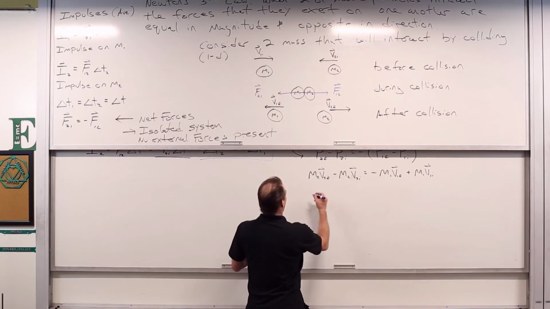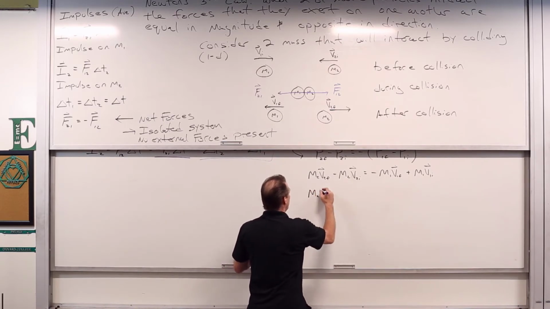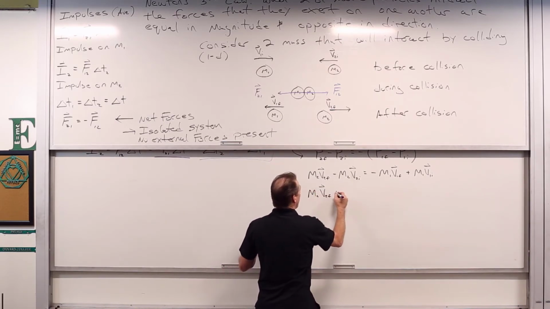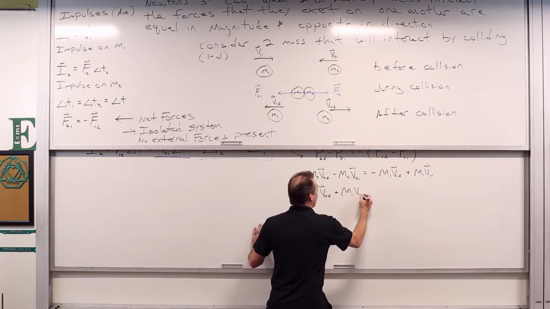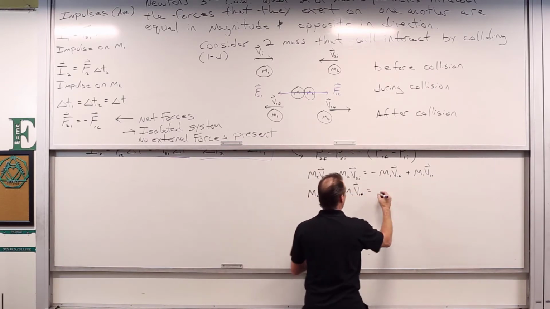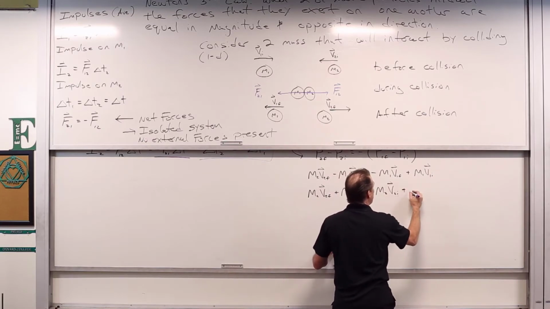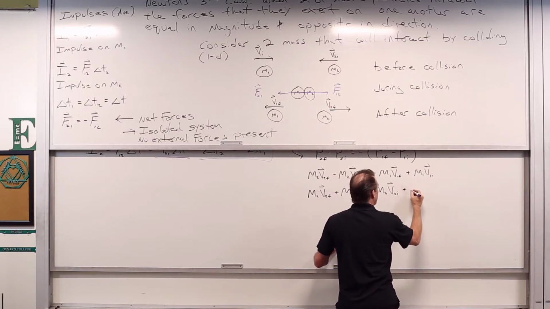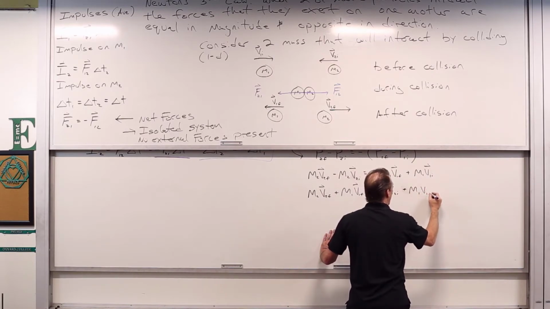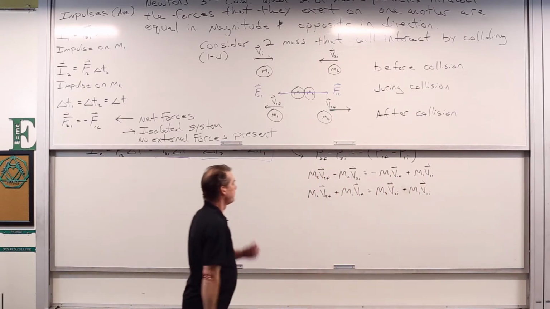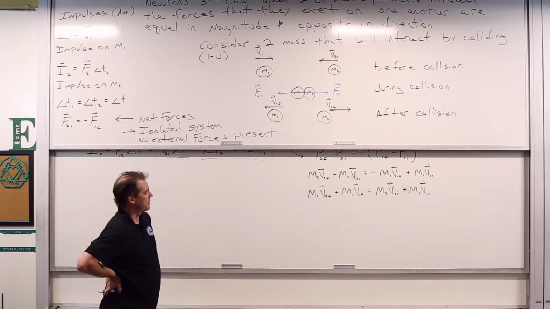So we can rewrite this as M2 V2 final hat plus M1 V1 final hat is equal to M2 V2 initial hat plus M1 V1 initial hat. Let's take a look at what this is.